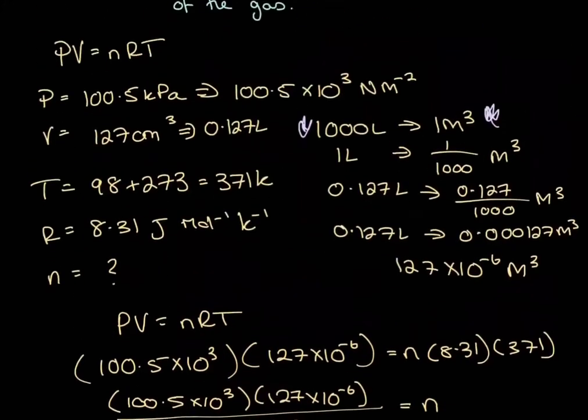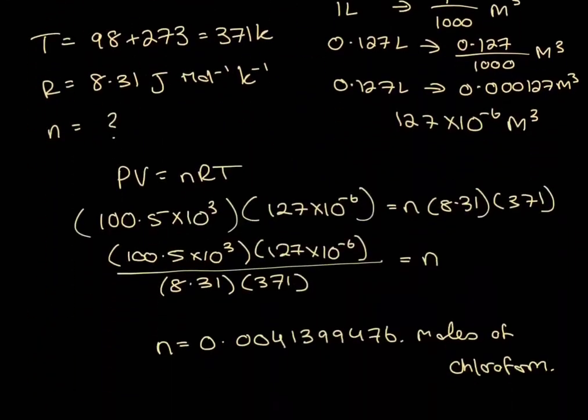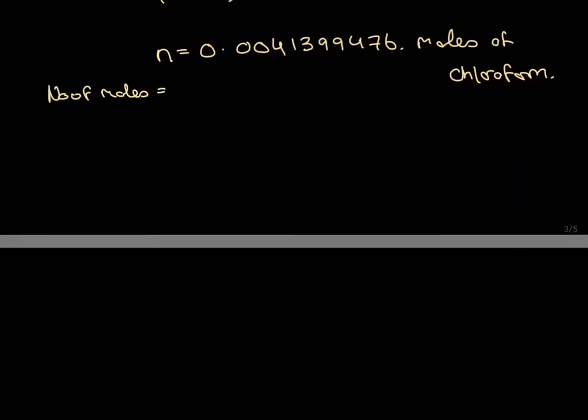We have the mass, so we've used this, we've used this, we've used this. We need to get the relative molecular mass, and I actually have the mass of the substance. So with this formula, number of moles equals the mass over the relative molecular mass, I need to get the relative molecular mass on its own. So I can fill in what I have.